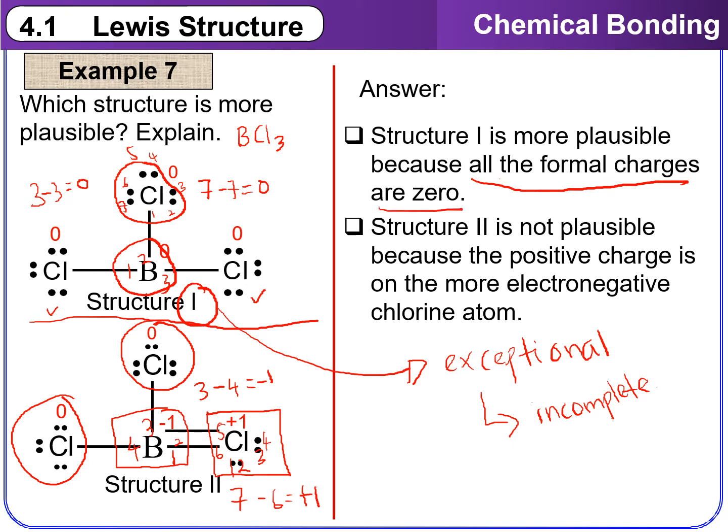The second is not plausible because the positive charge is on the more electronegative atom, chlorine. Between boron and chlorine, chlorine is on the right-hand side. Generally we know that across the period electronegativity increases, but the positive charge falls on the more electronegative element, so it is not logical. So we are not going to choose structure 2 as the plausible structure, but will choose structure 1.